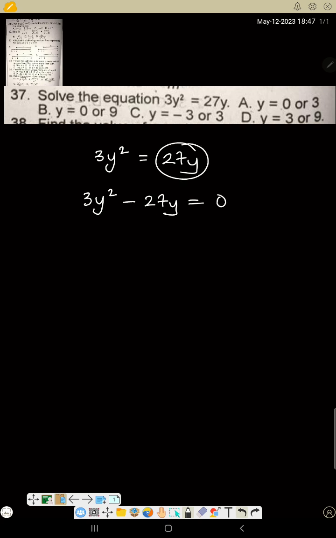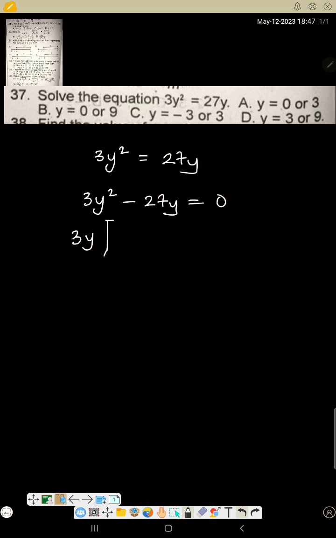So this one is: solve the equation 3y square is equal to 27y. So to solve this, we have 3y square minus 27y equals 0. So bring this in, so it will be minus 27y. What's common here? 3 is common.